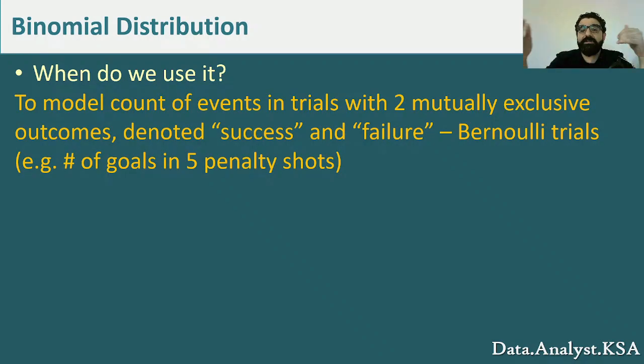So let's say I'm counting 5 penalty shots, and I'm just writing down how many goals I score from every 5 shots. So this is a binomial distribution. We call these trials that have only two mutually exclusive outcomes Bernoulli trials.